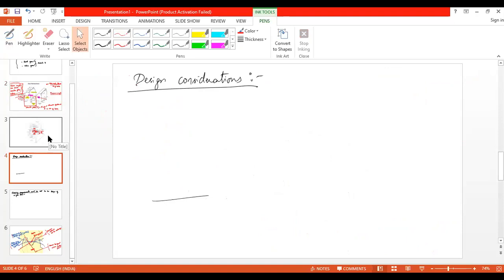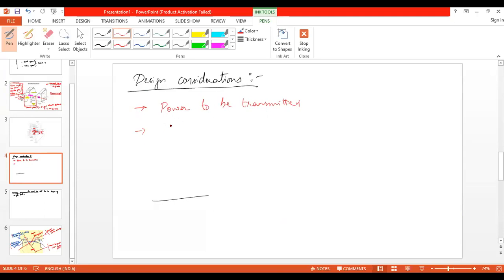So, what are the design considerations you need to make while designing the gear? The following are the design considerations which we need to know. One is the power to be transmitted.